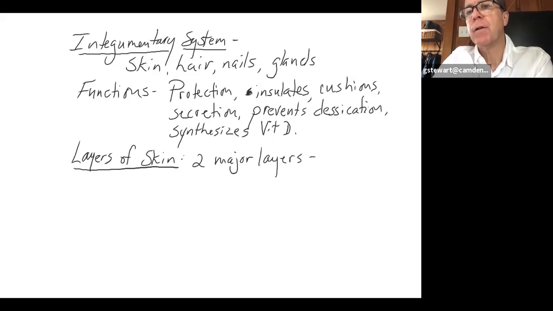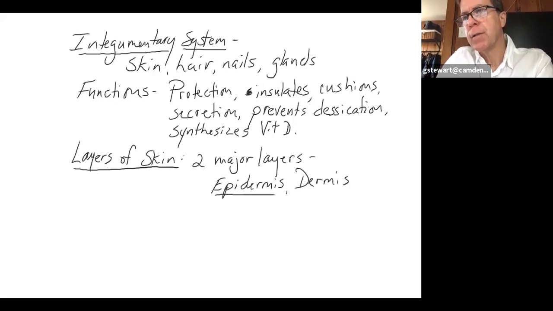So the 2 major layers are the epidermis, which is the most superficial, and the dermis, which is deep to the epidermis. I'm going to go through these 2 major layers in a bit of detail right now before we leave, okay? So I'm going to call up a new whiteboard.